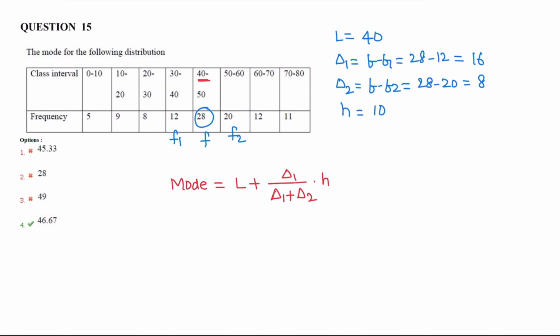The mode for a grouped distribution is the lower limit, 40, plus delta 1 over delta 1 plus delta 2, that is 16 over 16 plus 8, into the class size, that is 10.